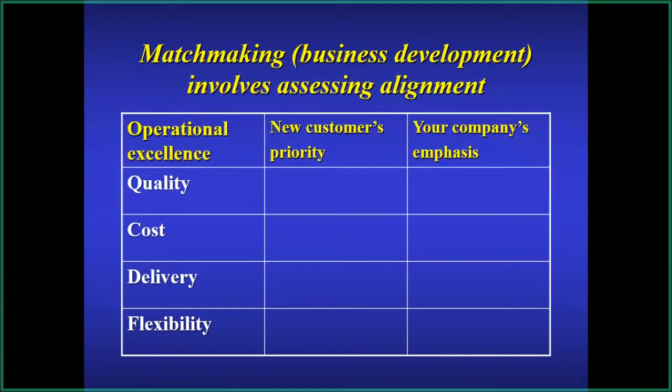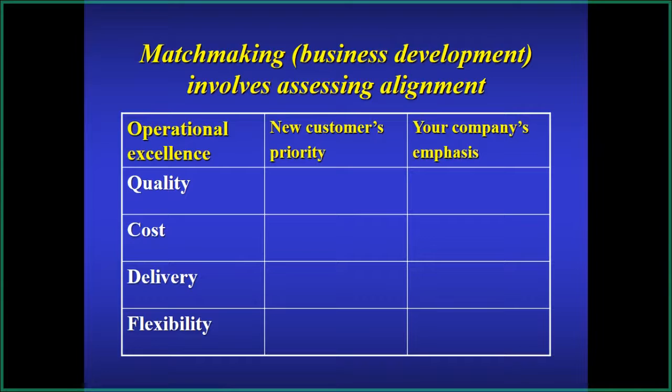Is it a dedicated to schedule kind of company? Is it a superior quality company? Are you infinitely flexible? You can change on a dime? What have you created? And who are the customers that are going to be appropriate for you, that are looking for exactly who you are?